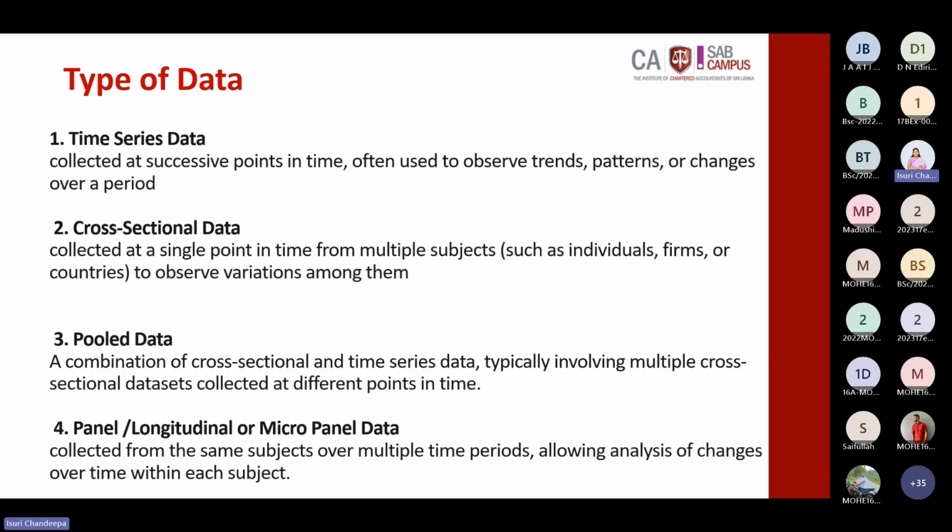What do you mean by time series data? We collect this data at successive points in time, often used to observe trends, patterns or changes over a period. We want to identify the GDP behavior during these 20 years, right? So what kind of data do you need to collect? Time series data.